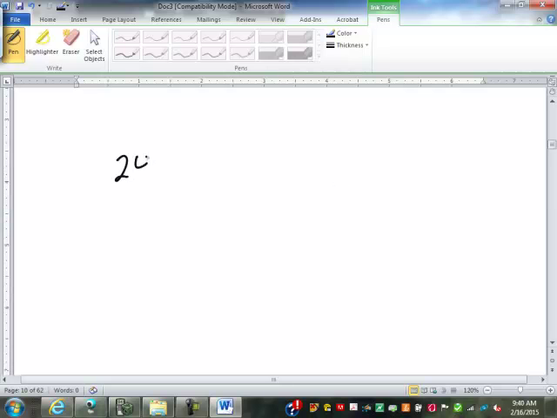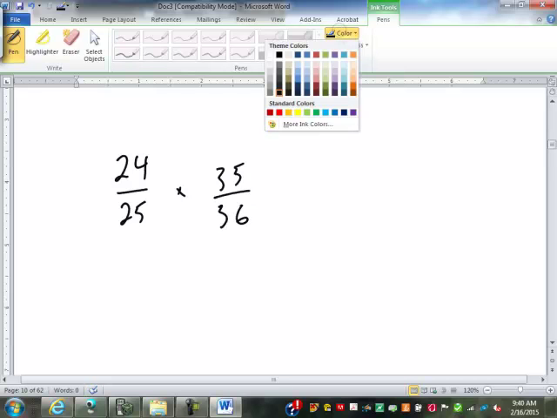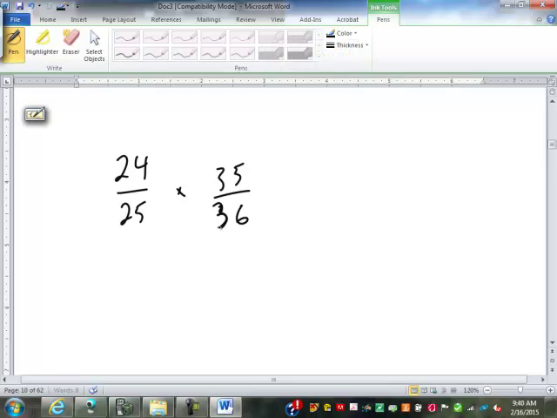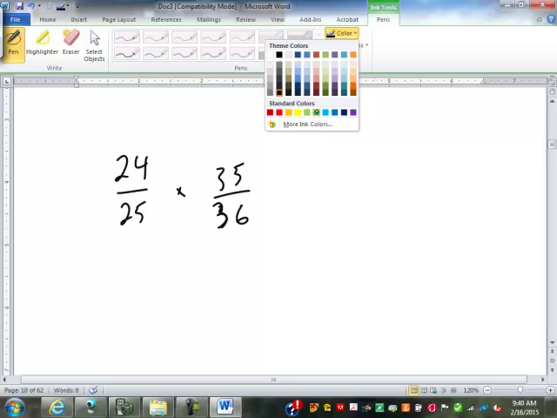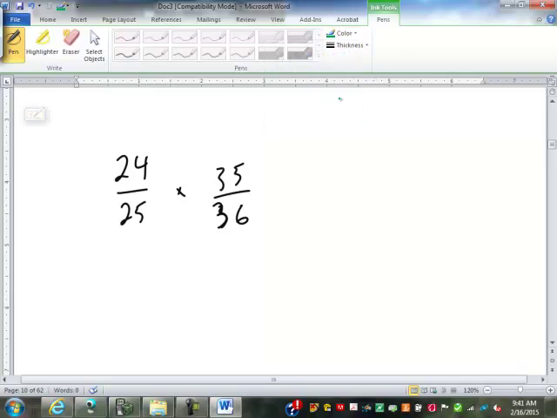For example, we might have 24/25 times 35 over 36. We could go ahead and multiply that out and get 840 over 900. But we're working with big numbers and we're going to have to reduce them. Or we could see, hey, 24 and 36 can both be divided by 12.